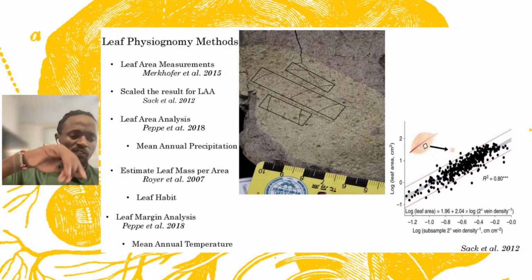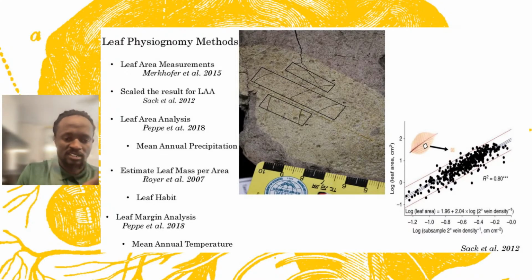We take the secondary venation and calculate small areas along those. You take at least two successive secondary venations, and with that we extrapolate using the transfer function shown by Royer et al. 2012, and we can get the area. When you get the area, we can then translate, as I talked about before, the relationship between leaf area and mean annual precipitation to understand the mean annual precipitation.